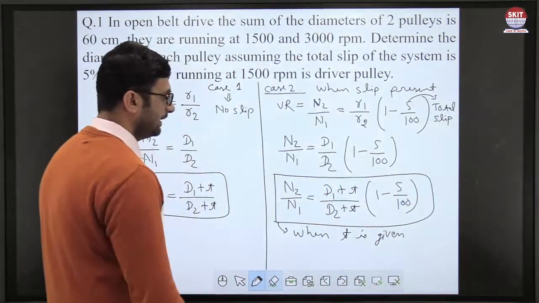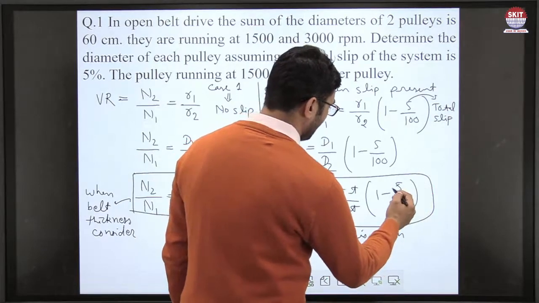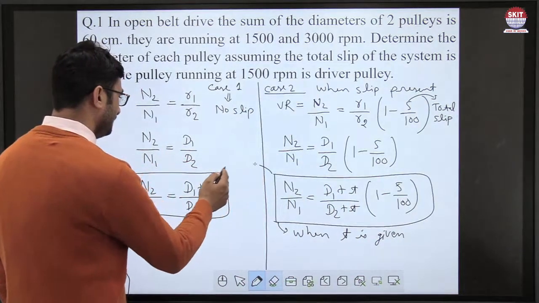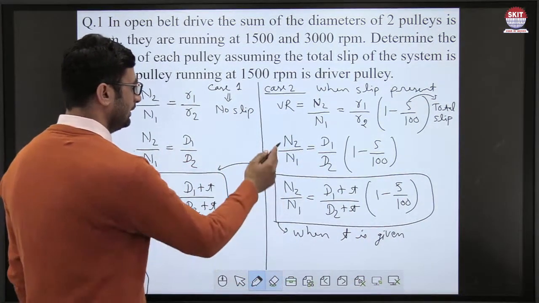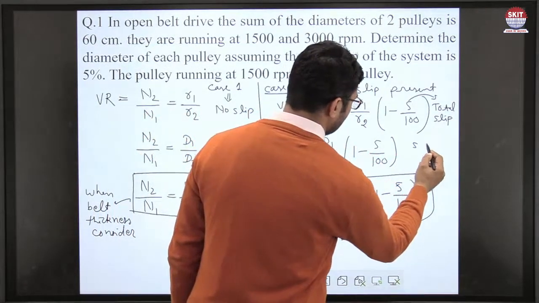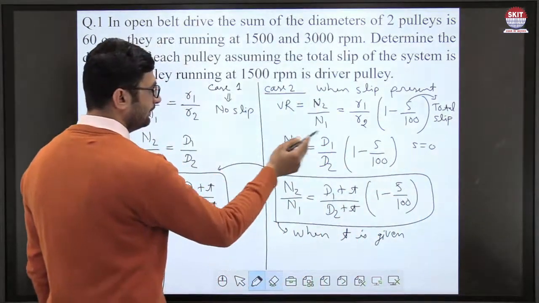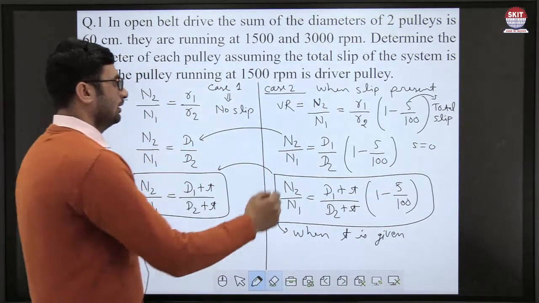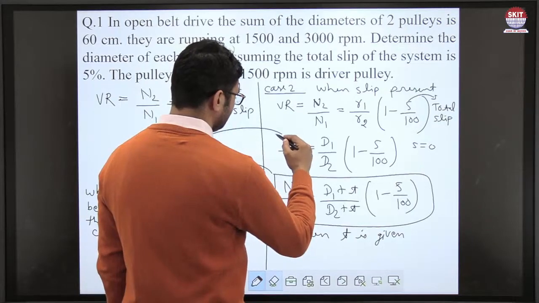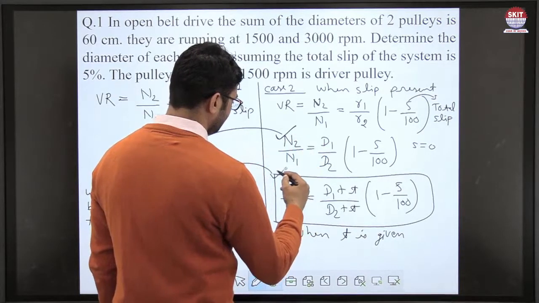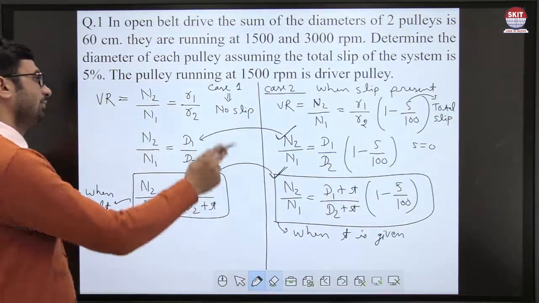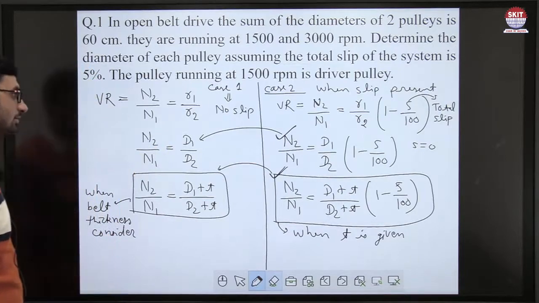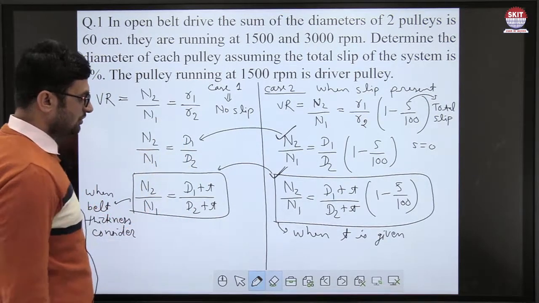If there is no slip, then put the value of S equal to 0, and we find the no slip case formula.